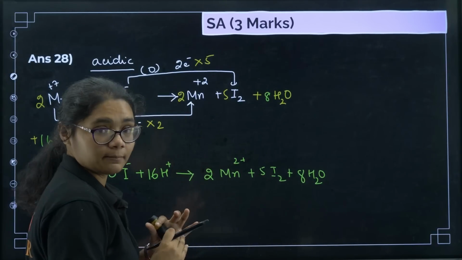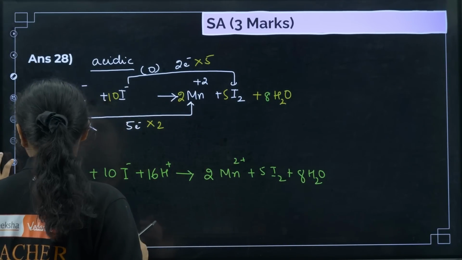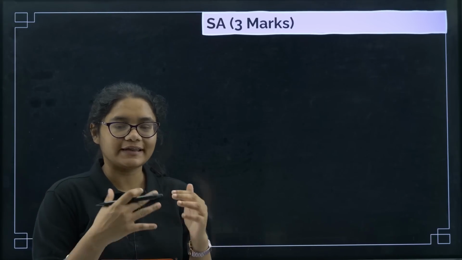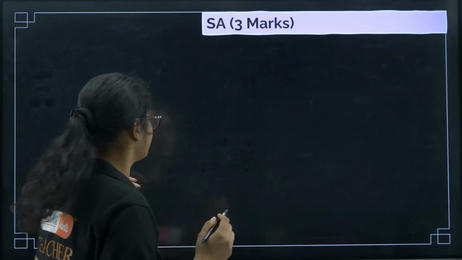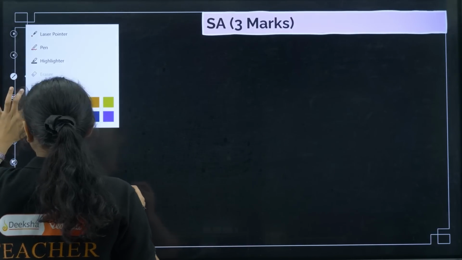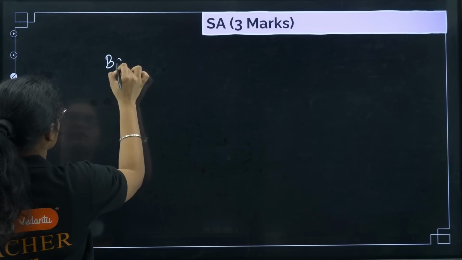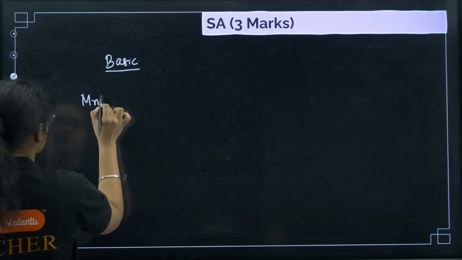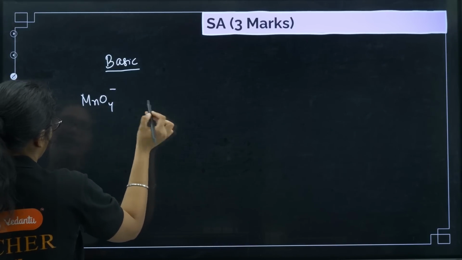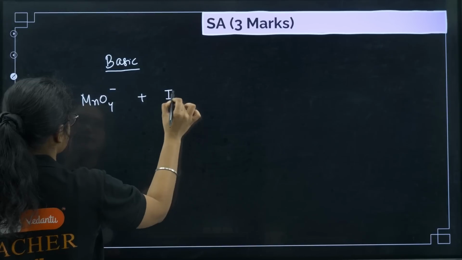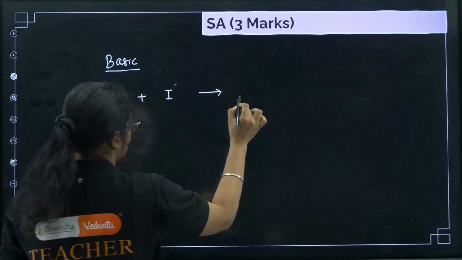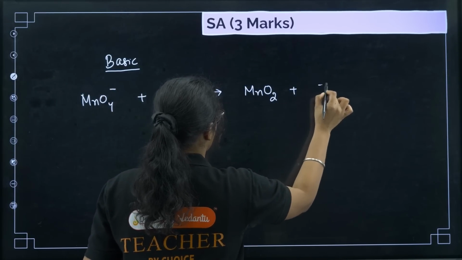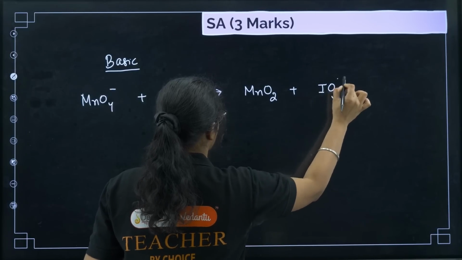Now if I go for basic medium, we will have this one. So now let's see how the reaction happens in the basic medium. MnO4 minus is there, and it reacts with I minus to give MnO2 plus IO3 minus.